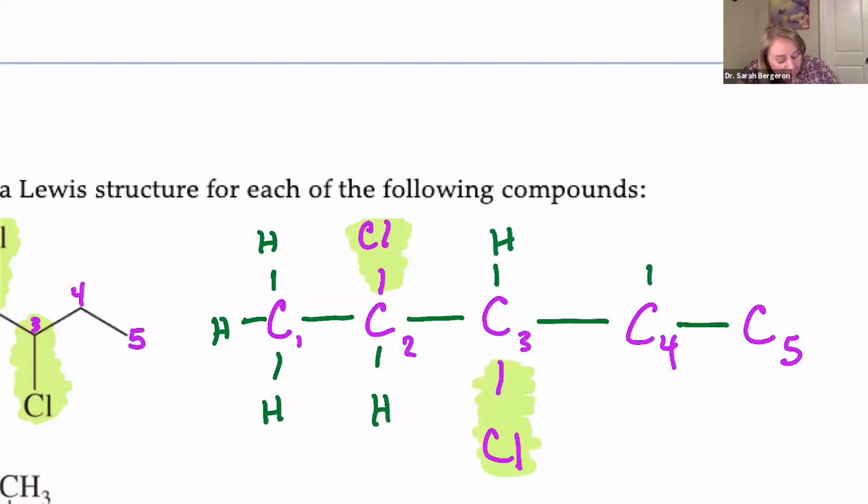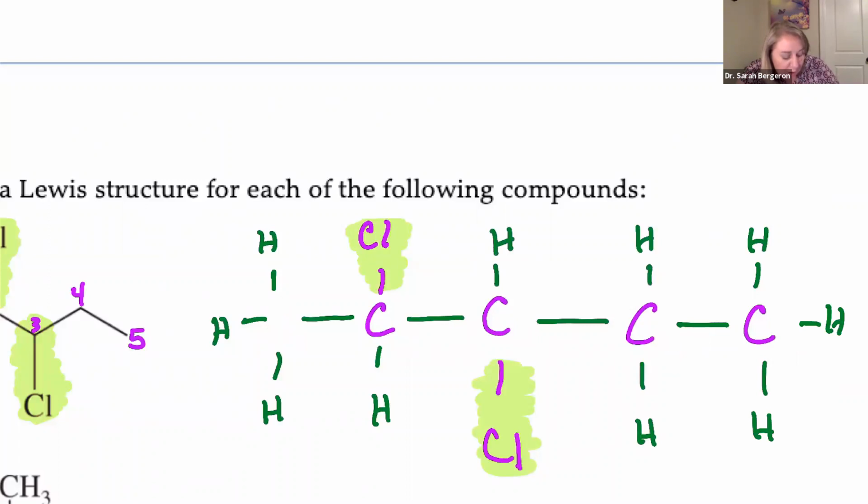So I'm going to go in and finish drawing our hydrogens. And there's our structure. Don't leave your numbers in, take those out. Oops, don't remove your carbons. All right, so there you have it. You have your Lewis structure.